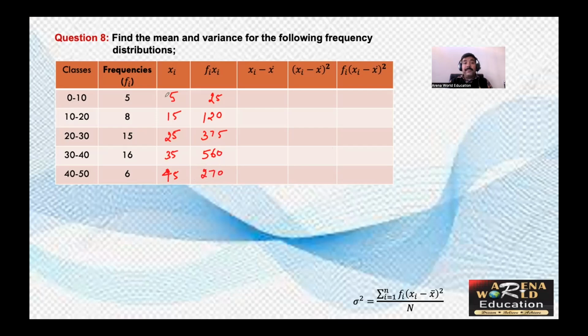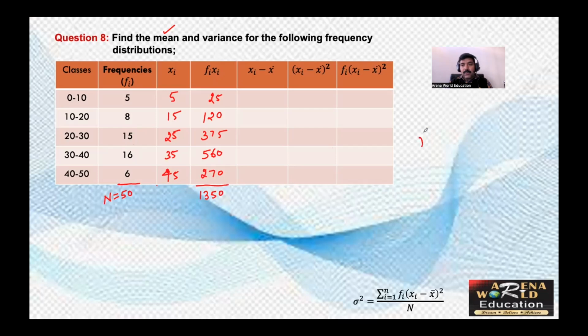Now to find the mean, we need summation FiXi divided by summation Fi, right? So what is the sum of all FiXi? This will be 1,350, right? And what is summation Fi? This is equal to N. This will be equal to 50.